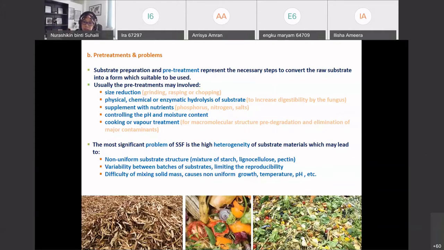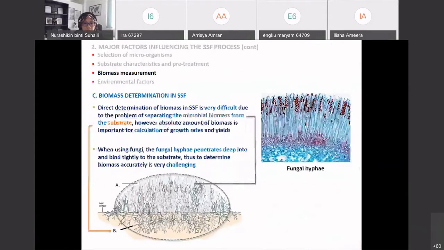And even in the powderized form, it is still not easy for us to make sure that the microbes use all the substrate supplied. So the uniformity is still a problem. But it can be reduced if you do all these pre-treatments. Okay, so that's the second factor.